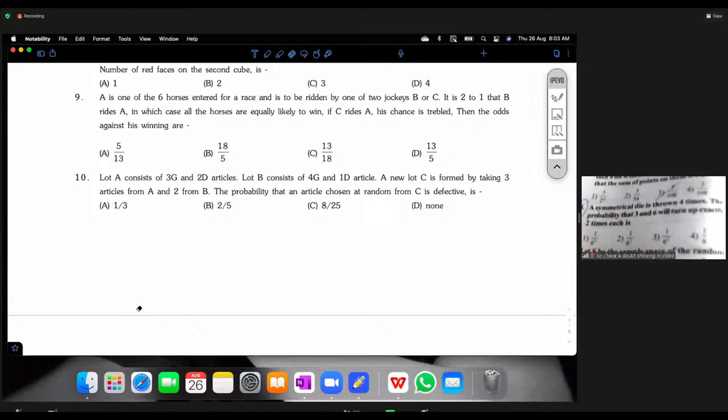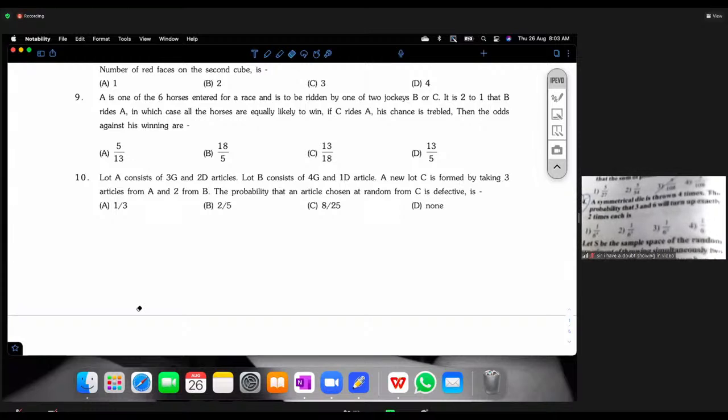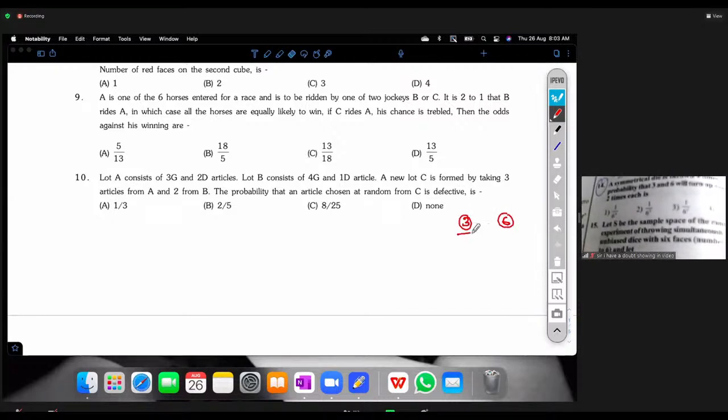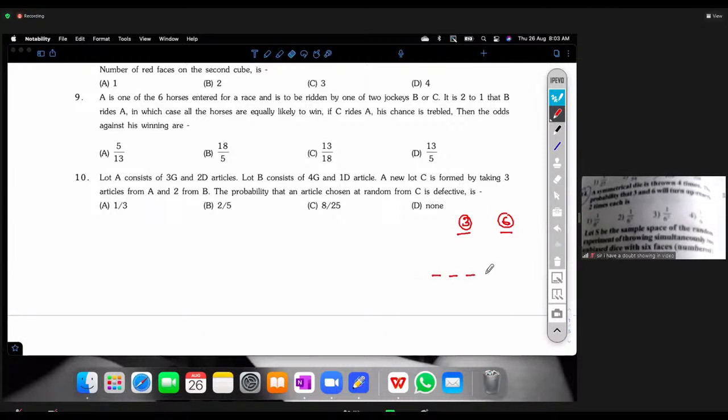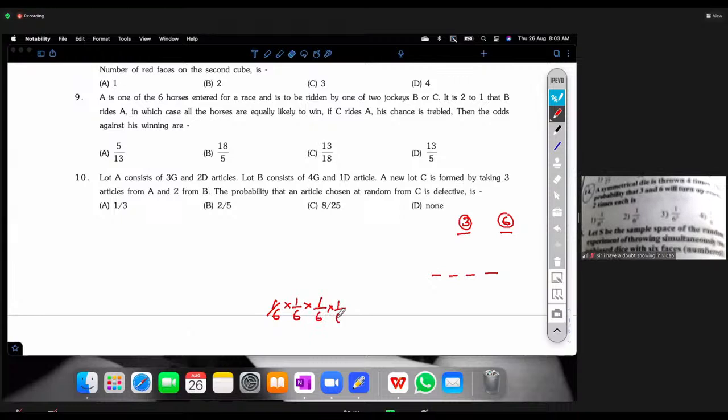Which question? A symmetrical dice is thrown 4 times. The probability that 3 and 6 will turn up exactly 2 times each is. So the die is thrown 4 times, and 3 and 6 appear twice each. The probability of each is 1 by 6, 1 by 6, 1 by 6, 1 by 6.